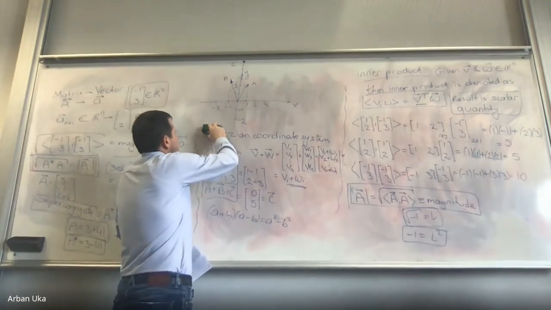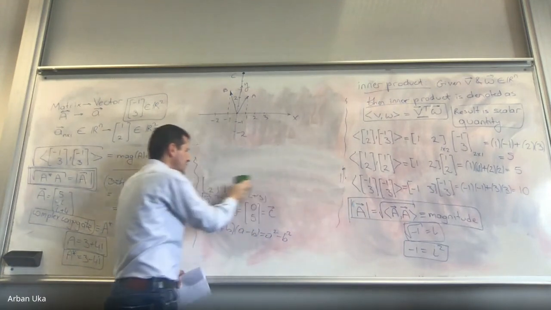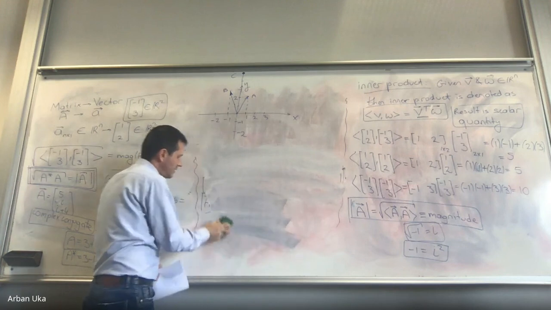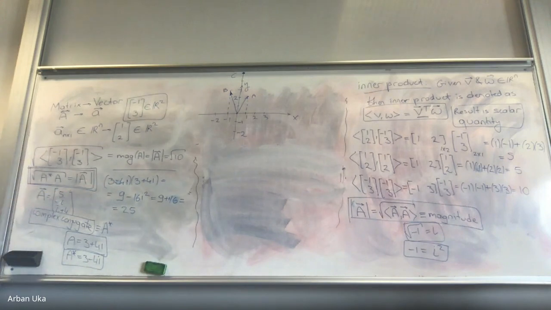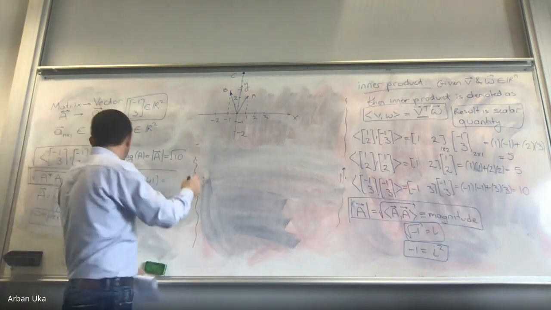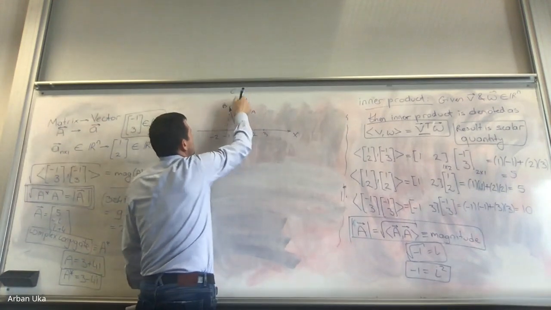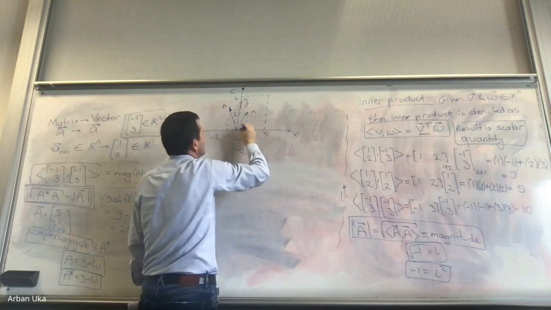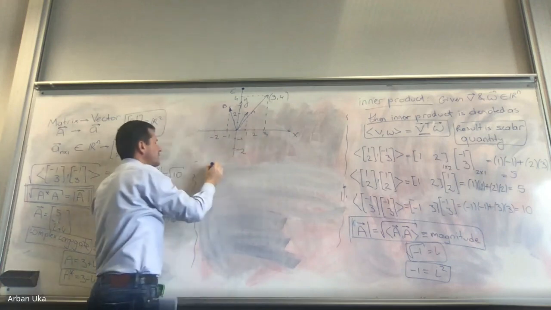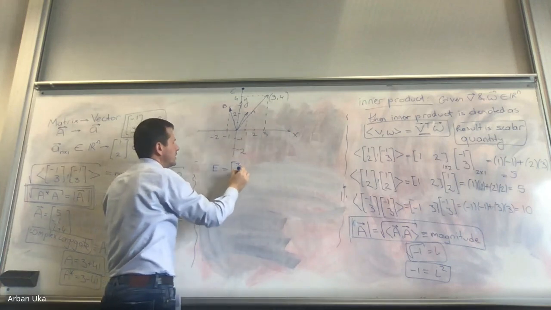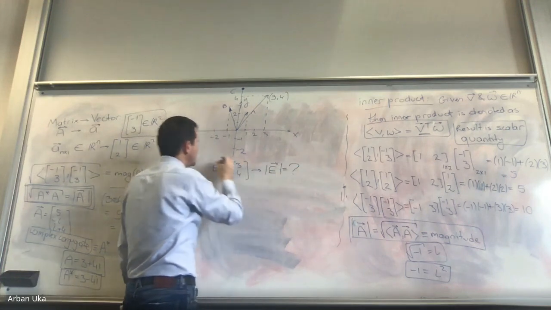Now, just assume this was a complex number. We use a little trick. Now let's assume we have a vector E which is equal to 3, 4, and I can ask the same question. What is the magnitude of this vector E?